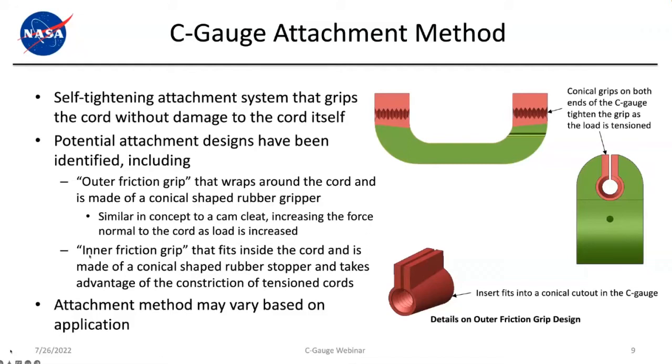In this case, I'm calling it the inner friction grip, and this would fit inside the cord. It's a similar concept with the conical shape, but instead of going around the outside of the cord, that conical piece would be inside, like a piece of braided Kevlar, and takes advantage of the constriction of these tension cords, so that as we tension the cord, it bites down on that stopper, which then interfaces with the conical cutout in the C gauge and provides your stopping force there.